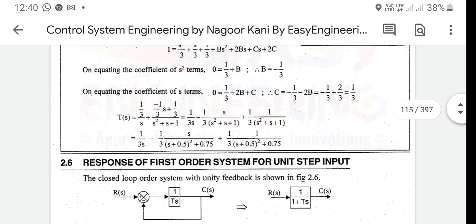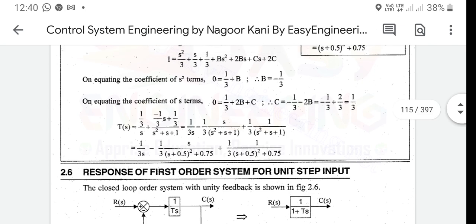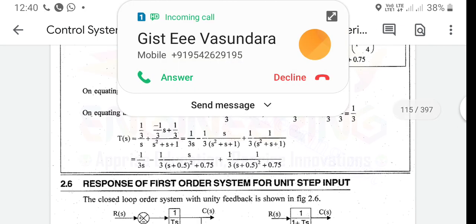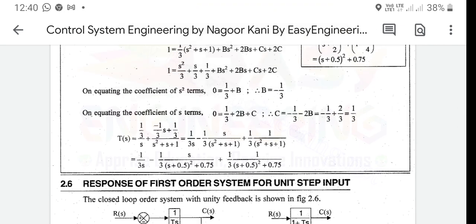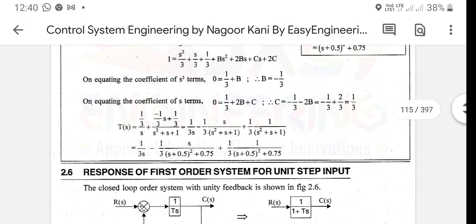So you have the residue values of b and c, and you have also split the denominator in the form of s plus 0.5 whole square plus 0.75.